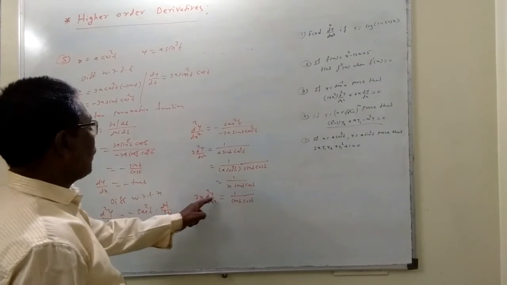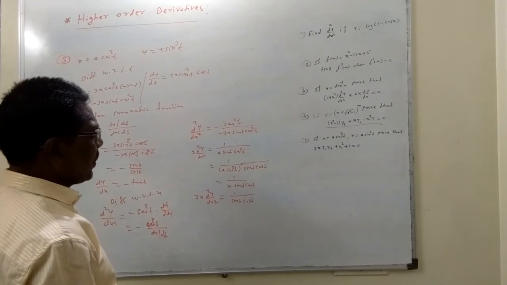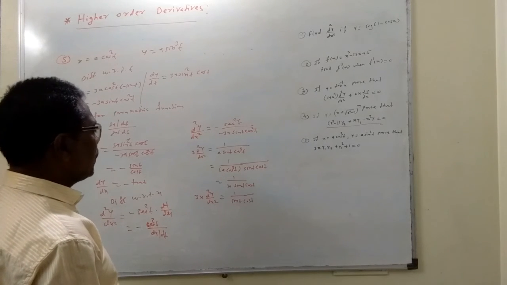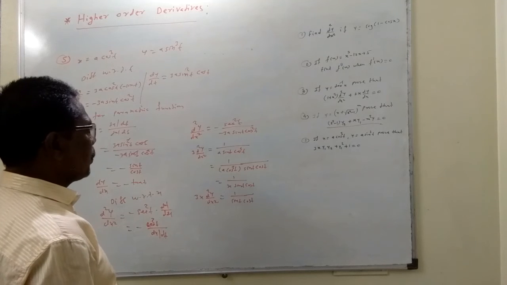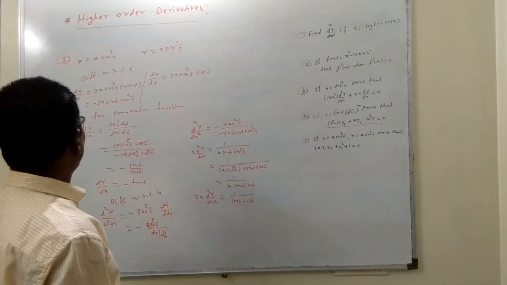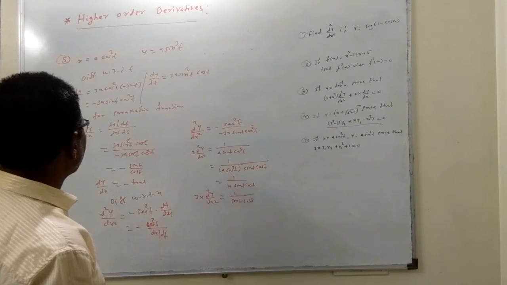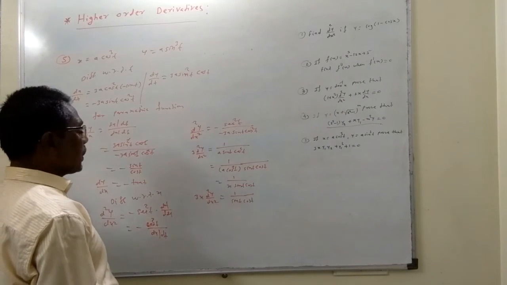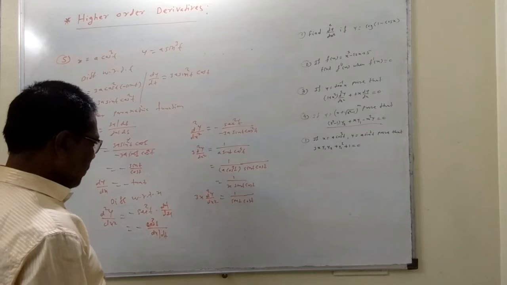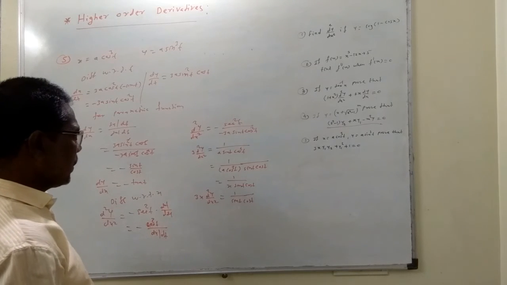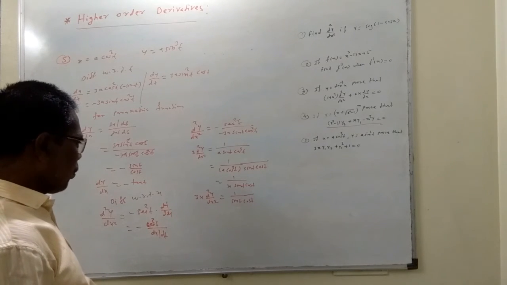Now 3x y2 is coming here, 3x y2. Now in this result y1. So y1 is equal to y1 means dy by dx. So minus sin t upon cos t. Y1 is minus sin t upon cos t.